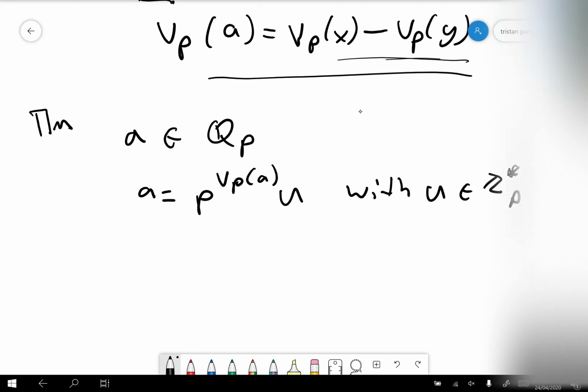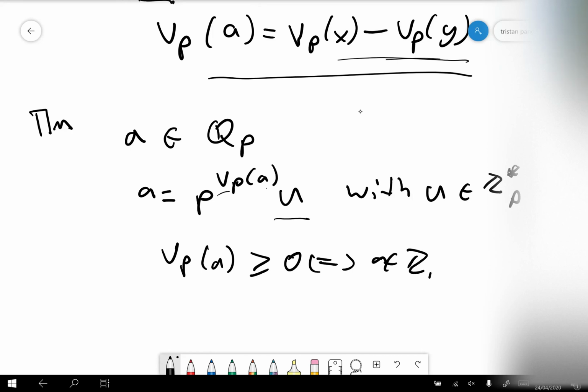That just means we can write a as p to the valuation of a, times some u that doesn't have any factor of p inside it, and this representation is always unique. We can also state that v_p of a is bigger than 0 if and only if a is inside the P-adic integers. So the power is positive if and only if it's in the integers. If it's negative, then it's not in the integers, it's some sort of fraction.